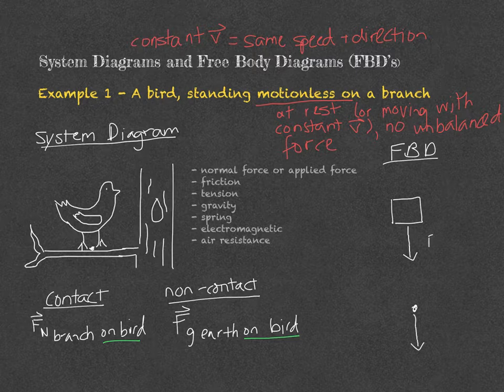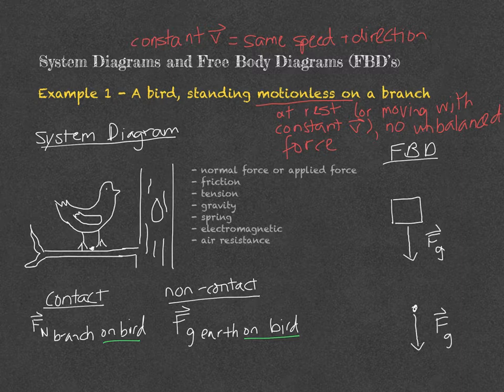And I can label this as my force of gravity in either diagram. The next thing that I need to put on is this normal force. And I'm going to, again, start it at the box and show where it's going. If gravity is pulling the bird down, the normal force is balancing it out so that it stays still.